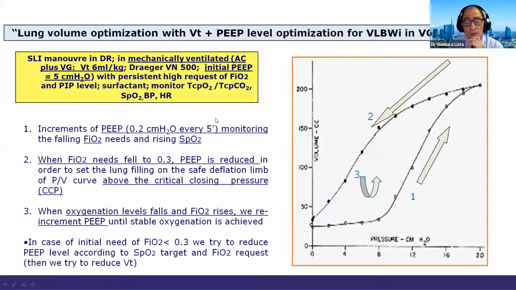In my unit, we try to mimic the same strategy used by Van Kaam with high-frequency oscillatory ventilation, using a trial in which we research the optimal level of PEEP in mechanically ventilated babies during assist control plus volume guarantee ventilation.